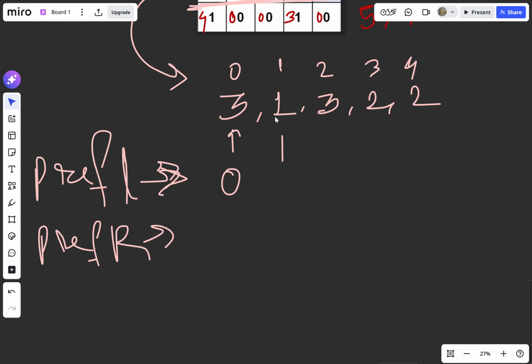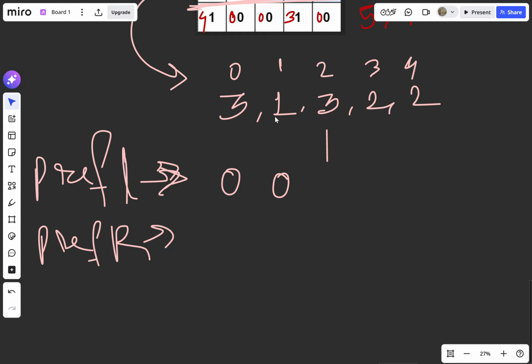This index is storing the height 1, and on its left it has the 3, so the 0th index has a height greater than this one. That's why we store the prefix left as 0 here.